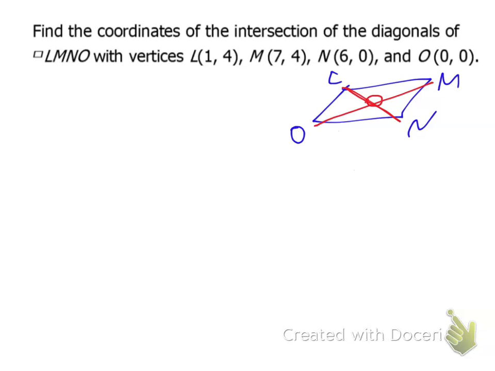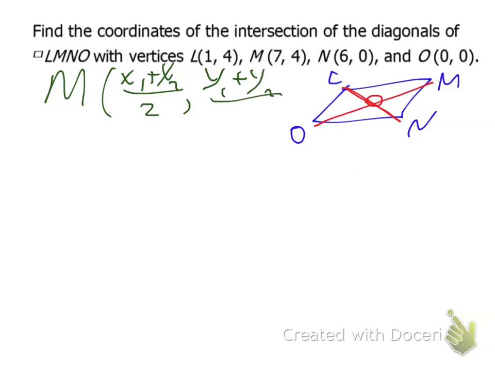And hopefully you remember the midpoint formula. If not, I'm going to write it down again. The midpoint is x1 plus x2 divided by 2, and then you do the same thing for y's: y1 plus y2 divided by 2. So we're just going to plug in our x's and y's using L and N. I'm going to ignore M and O. I don't need those.